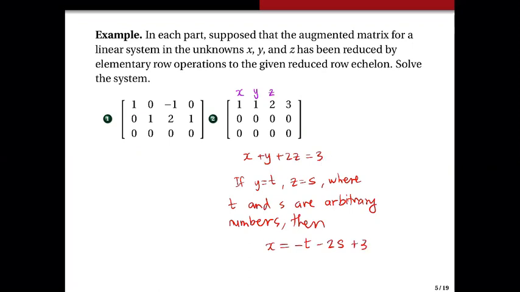And then for completion, let's just write here y equals t, z equals s. So this here is the general solution for the linear system that is represented by this augmented or reduced row echelon form.